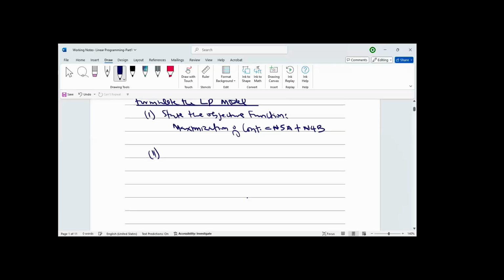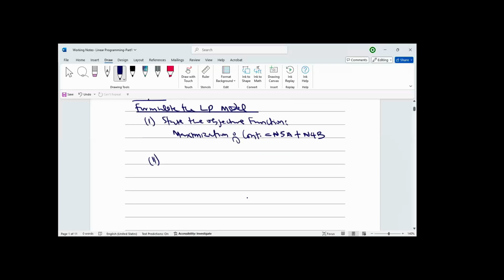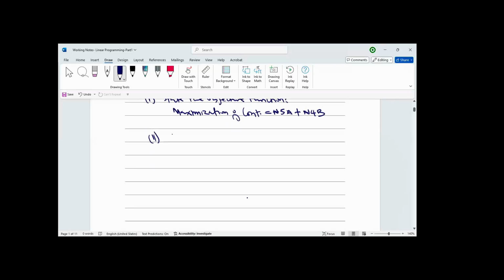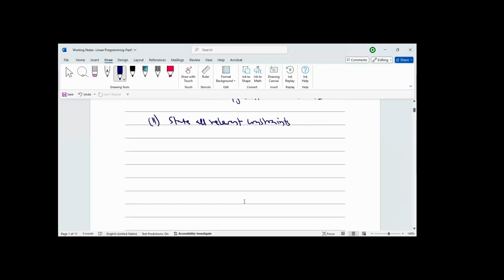Step two under this is to state all relevant constraints. I will go to the question. What are the constraints apparent in the question? Is it that raw material kilogram is not sufficient? Is it that labor hour is inadequate? Is it that machine hour is not enough?